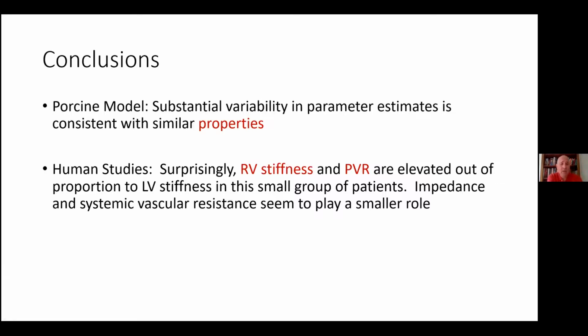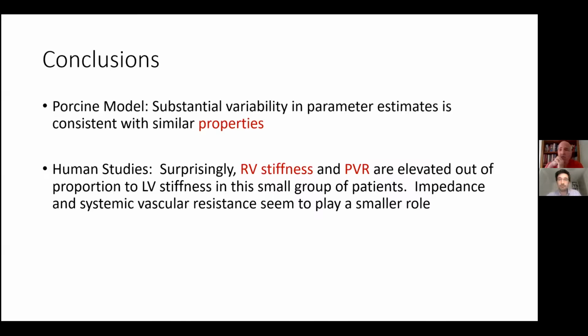So in conclusion, what we've found, at least in the early analysis of our data, is that we may get very different parameters, but that these do define specific properties that we can identify.